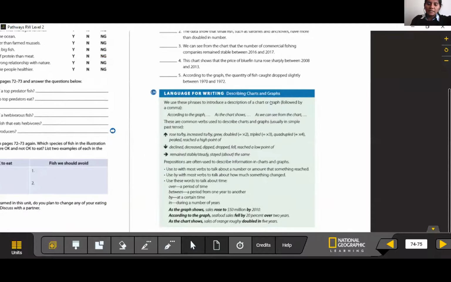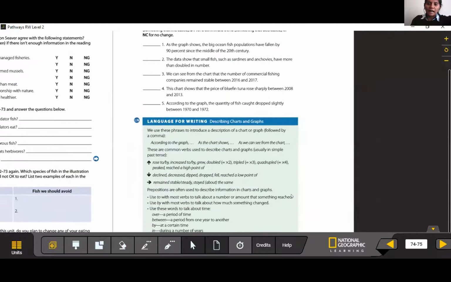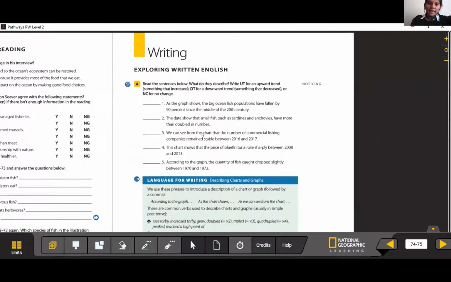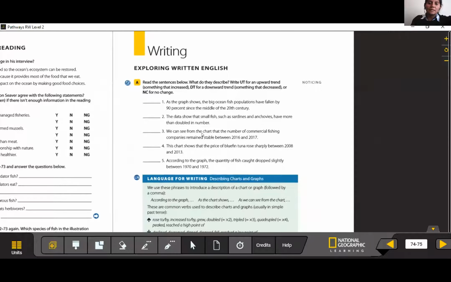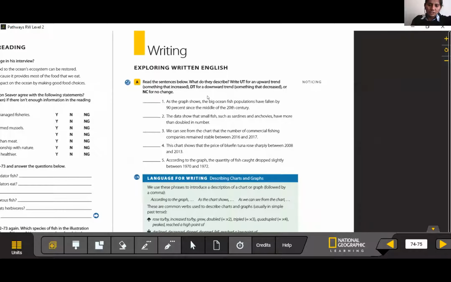Here we have, please go to page 75. And here we have one activity that I would like you to put through the chat, the answers. You are going to read the sentences from 1 to 5. And what do they describe? If it's an upward trend, it means something increases. Or if it's a DT, downward trend, something that decreases.